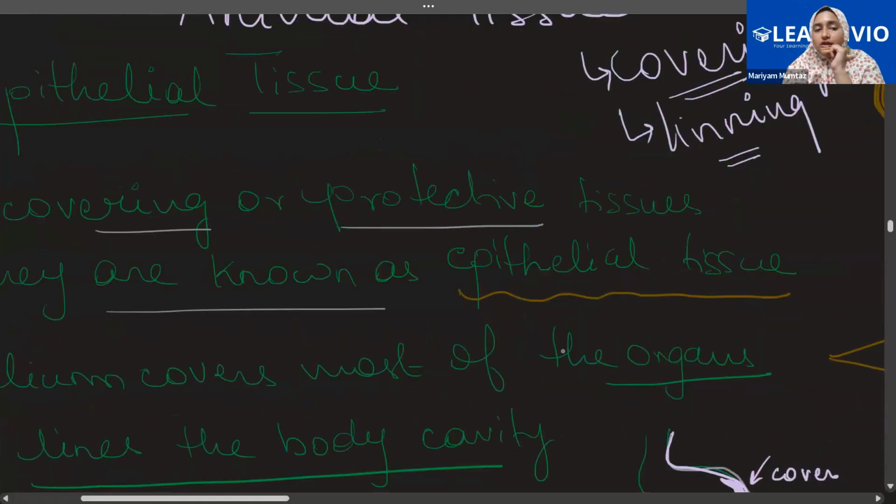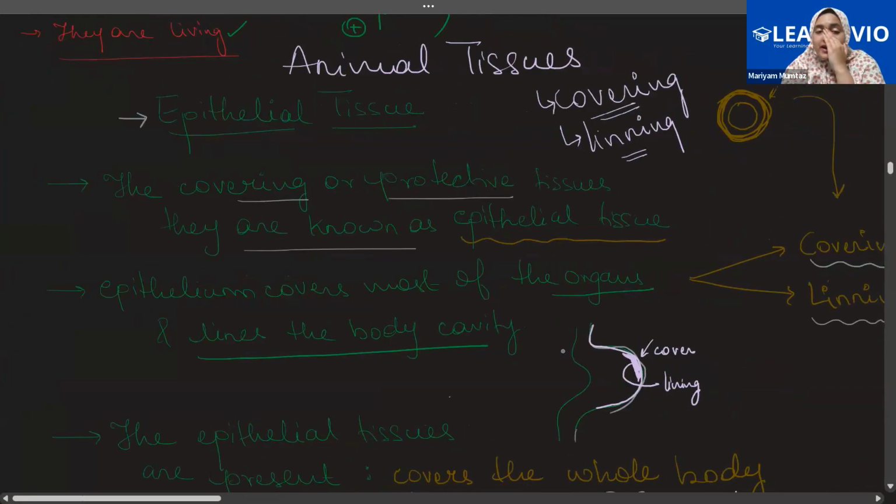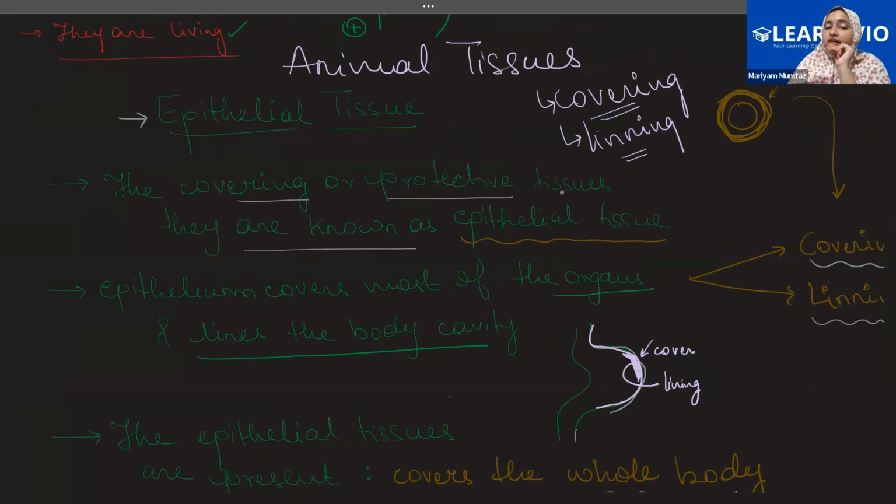So you should know where the tissue is lining and where it is covering the cells or organs or any structure of our body. Now, in terms of epithelial tissue, the covering or protective tissues are known as epithelial tissues. The prime function of the epithelial tissues is to provide protection wherever it is present.